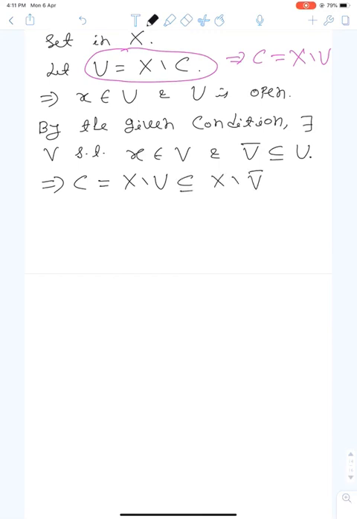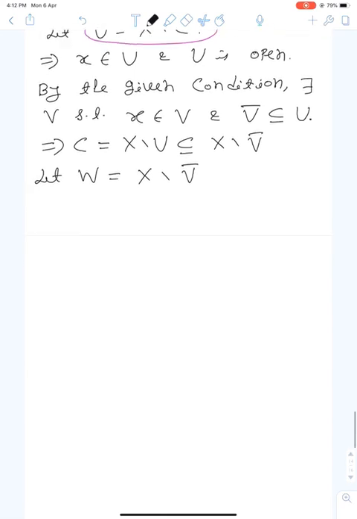Also V closure is closed, so X minus V closure is open. So let W equal X minus V closure. Then it is also easy to see that V intersection W is empty.